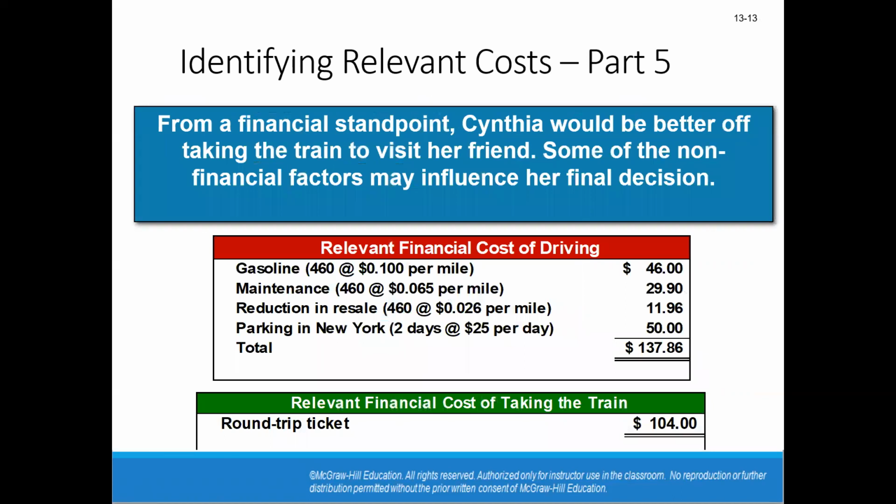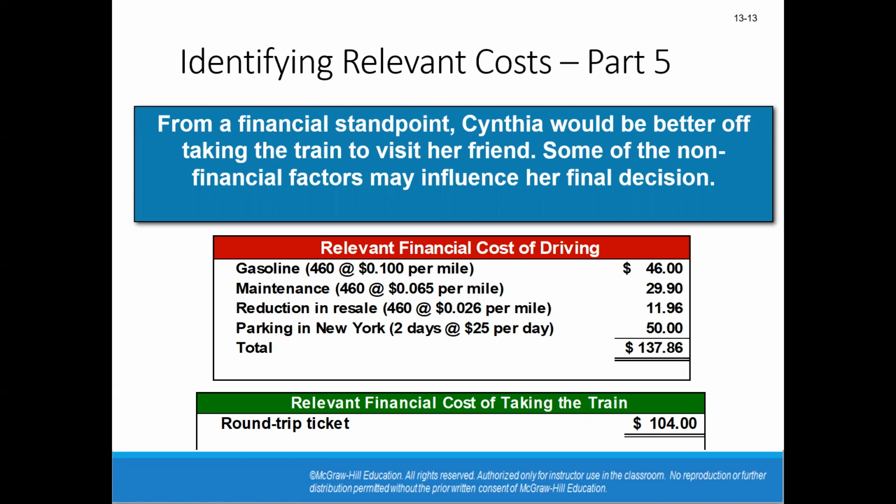So from a pure financial standpoint, Cynthia would be better off taking the train to visit her friend. Some of the non-financial factors may influence her final decision. What are we using? Relevancy in the cost of driving: the gasoline, the maintenance, the reduction in resale, and the parking in New York.